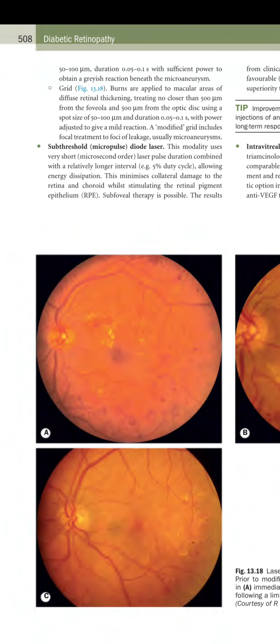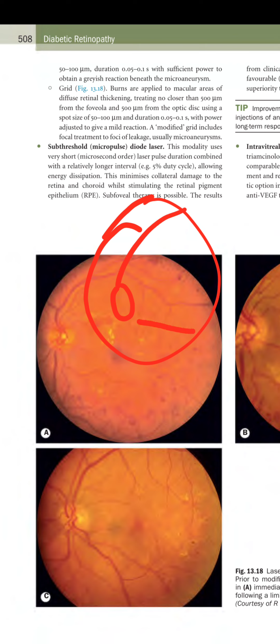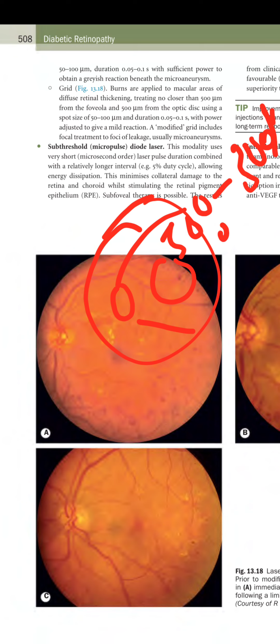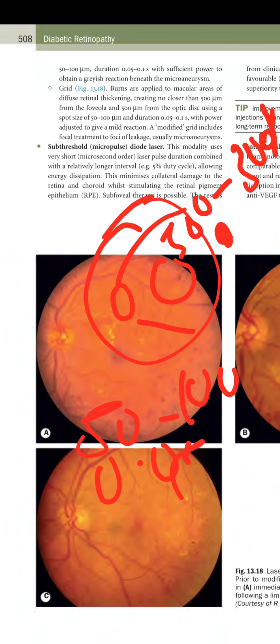So for focal laser, if there is a microaneurysm in the macula about 500 to 3000 micrometers away from the foveola, you can laser photocoagulate that microaneurysm. And what are the settings that you use? You can use a spot size of 50 to 100 micrometers with a duration of 0.05 to 0.1 second.